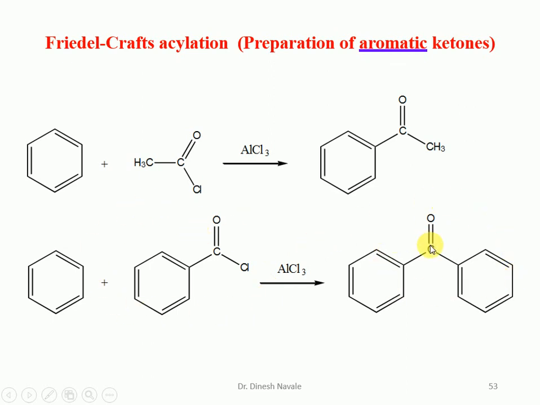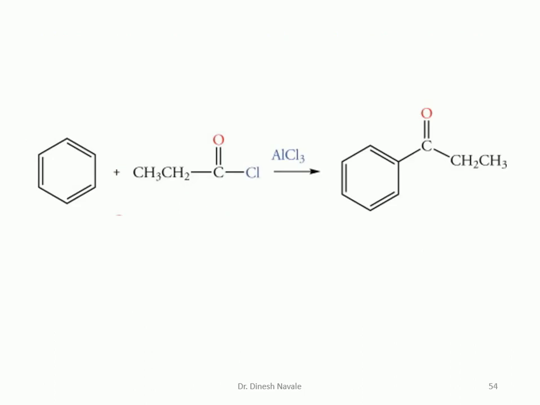That means by changing the corresponding acid halide, we can synthesize the ketone as we desire. This is another example in which a simple acetyl chloride has been replaced by propanoyl chloride, and we get the higher derivative of acetophenone, that is, ethyl phenyl ketone.